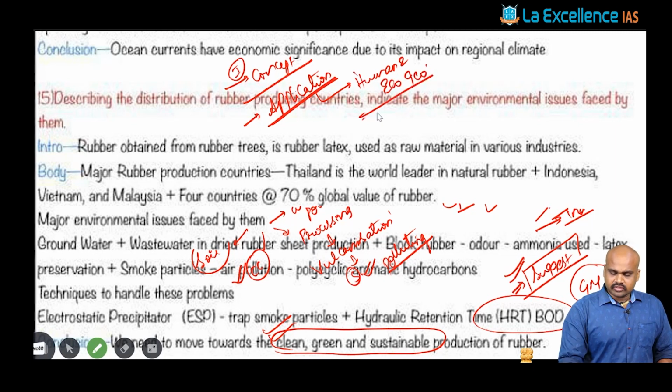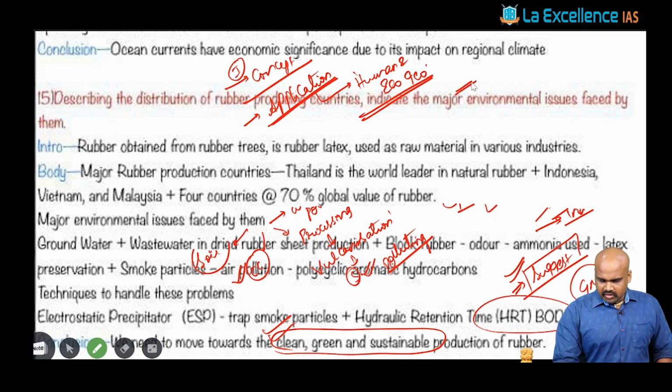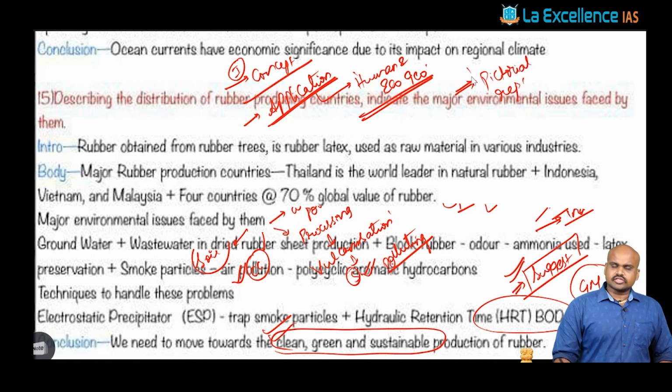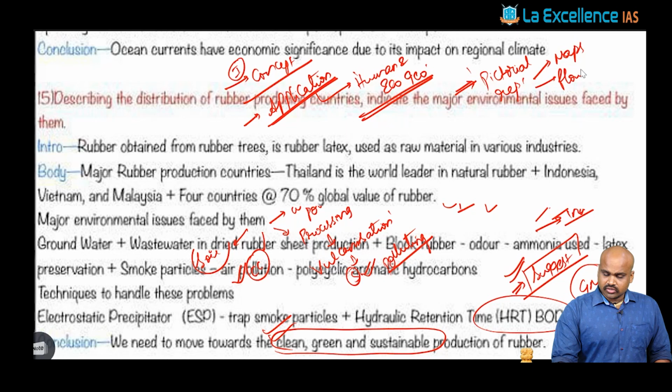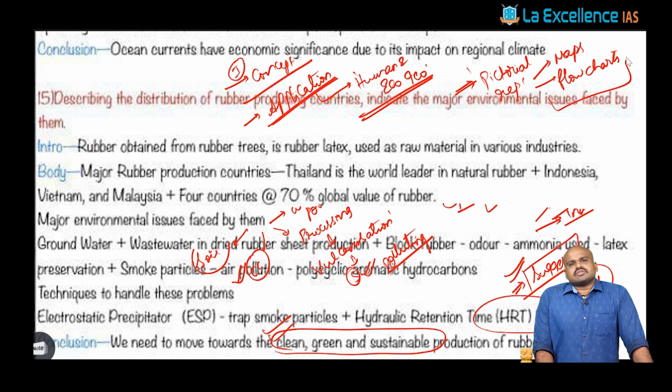Once you discuss these application aspects, then one very important aspect is the pictorial representation of the concepts. That pictorial representation may be maps, maybe flowcharts, which we generally use, right? Which becomes very handy in expressing the answer in the context of geography.